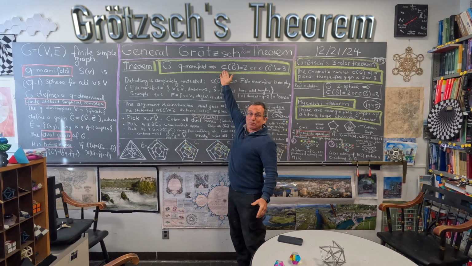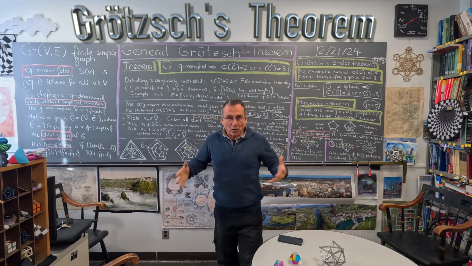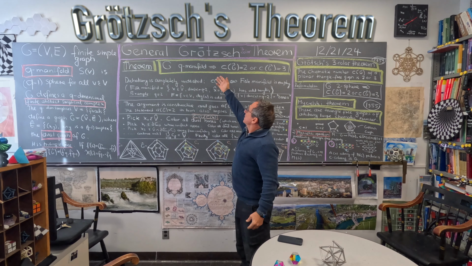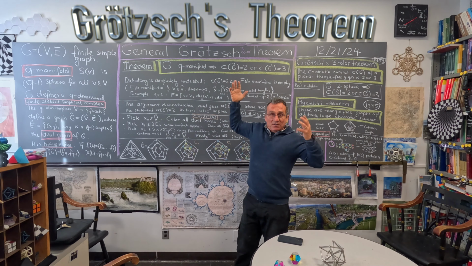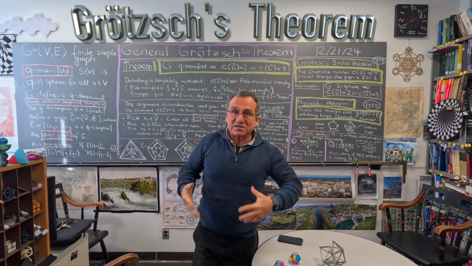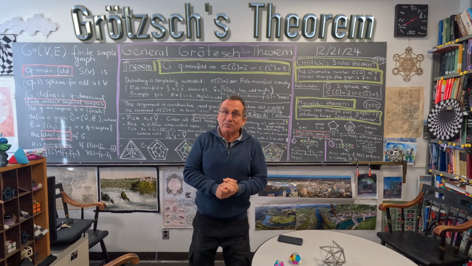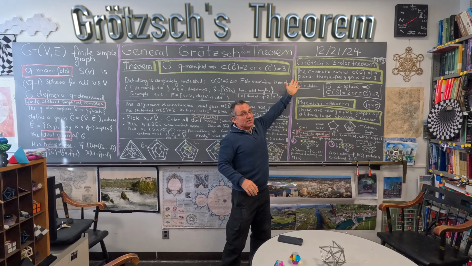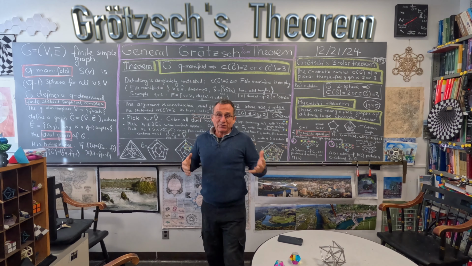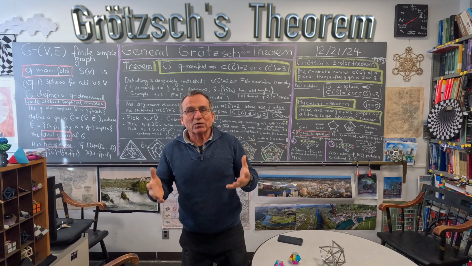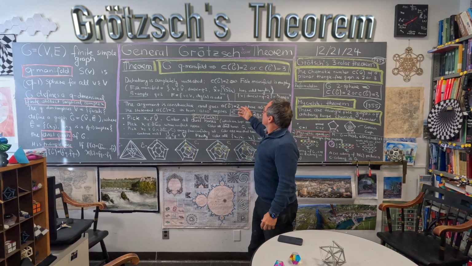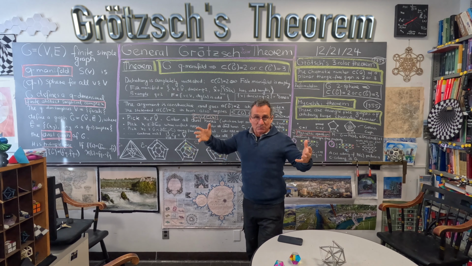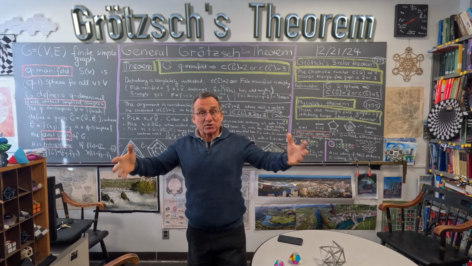And that's the theorem I'm still working on writing down: a q-manifold has the property that the dual graph is always colorable by 2 or 3 colors. That's a generalization of the Grötzsch theorem. The same proof then also shows that we can color with 2 trees.